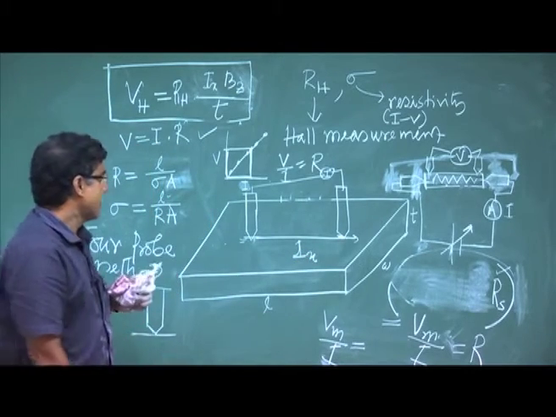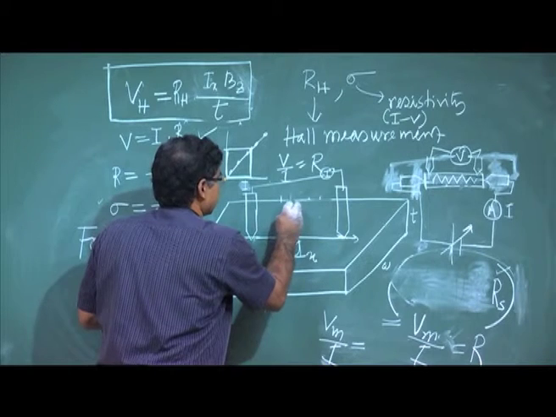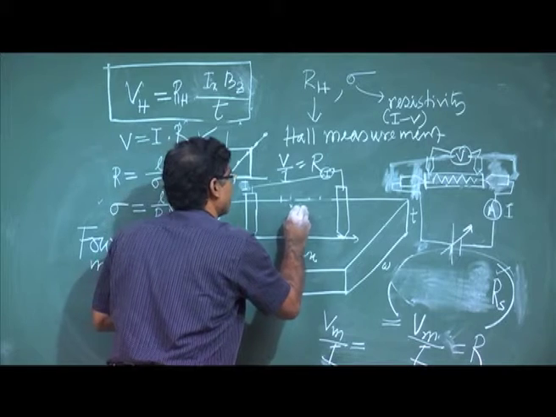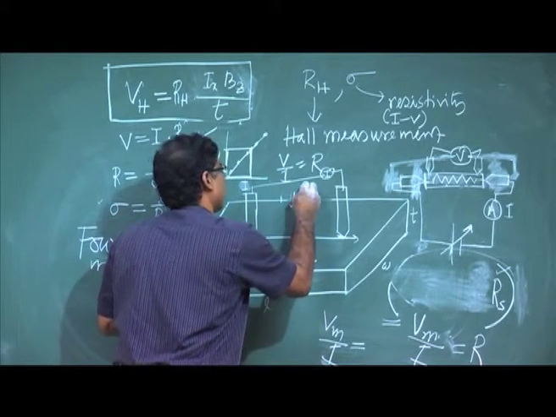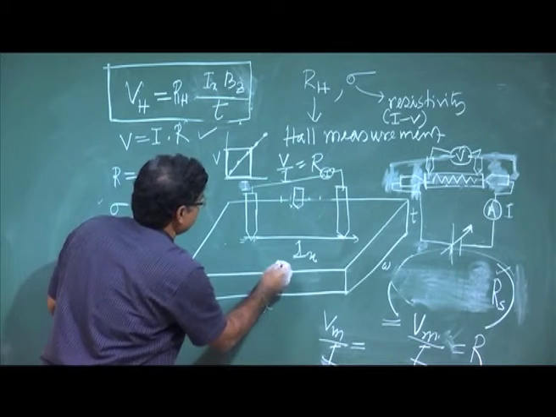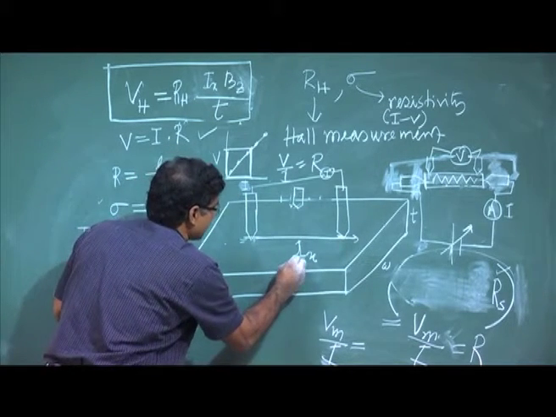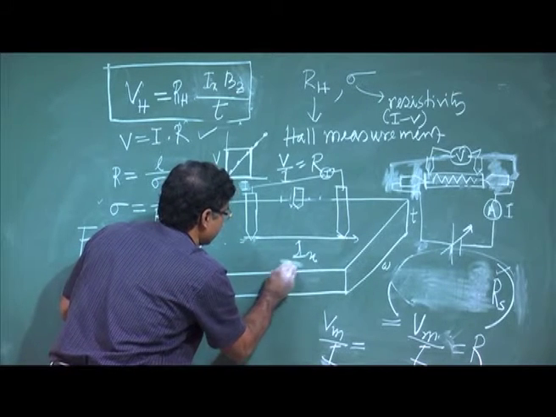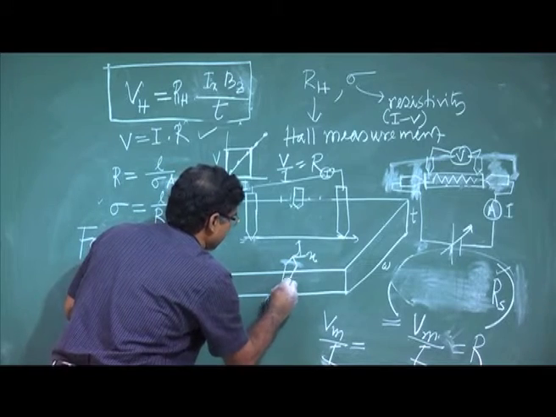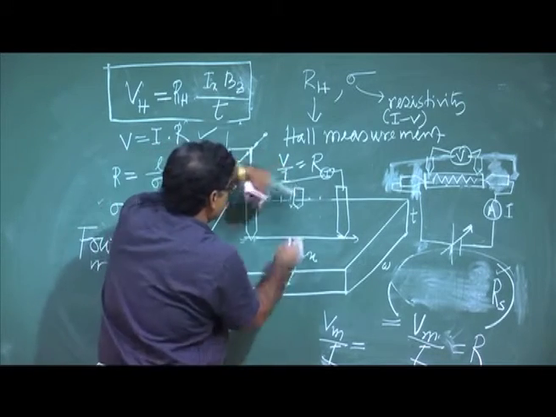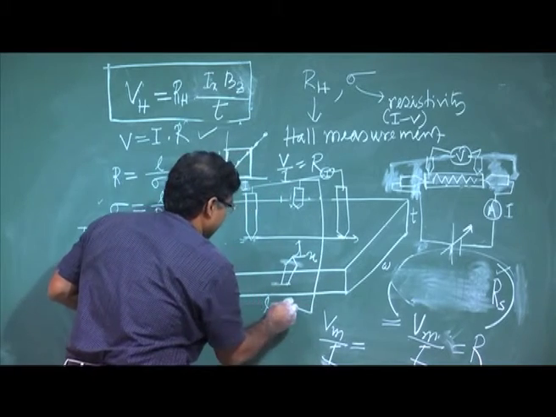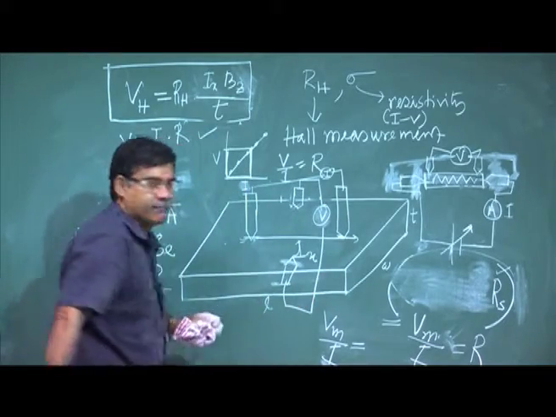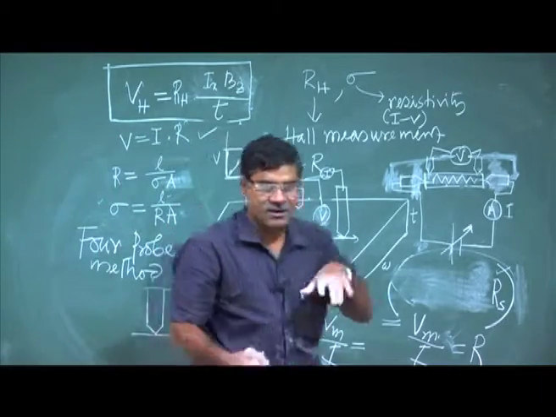And here, one probe and this along the y direction. So, these 2 probes we use for measuring the Hall voltage. Okay. So, this is now not linear.